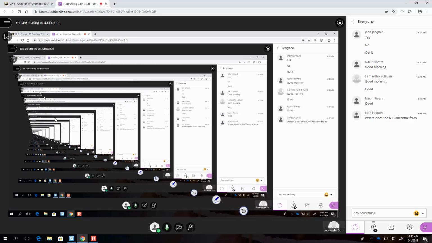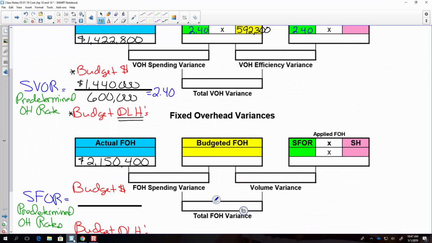Sure. Jade, the 600,000, they don't give that in the book. This 600,000 is actually the budgeted units. They plan to make 120,000 units, and the standard hours to make one unit is 5. So that's where the 600,000 comes from, using units and converting it to hours.